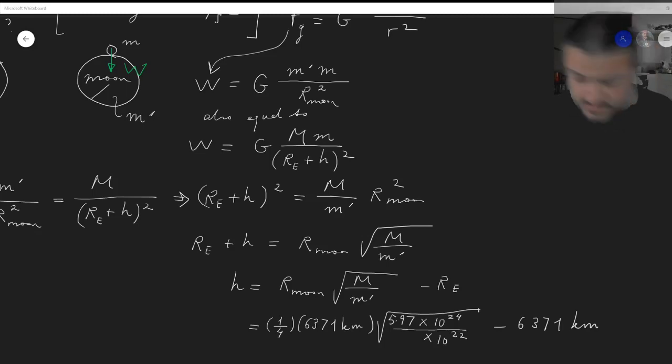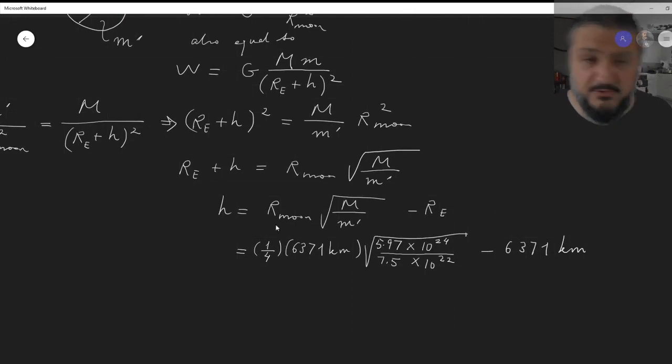Moon mass, 7.3. Okay, this could be 7.5. Let's say 7.5.